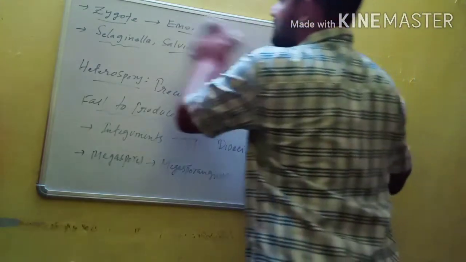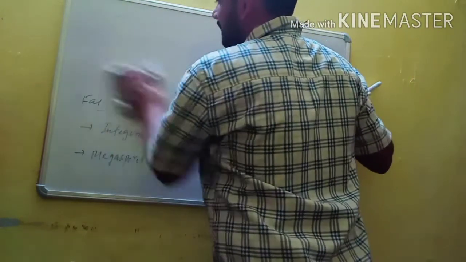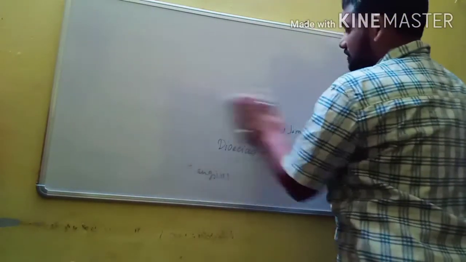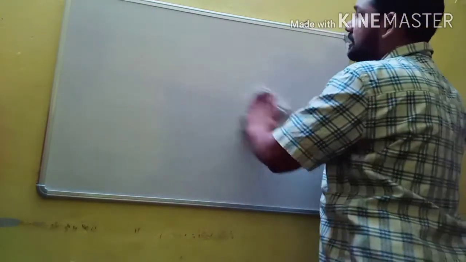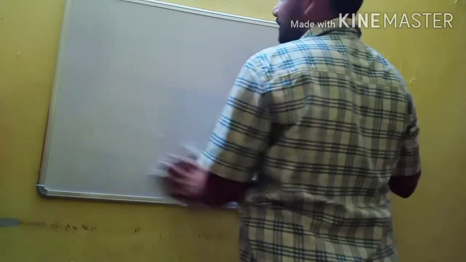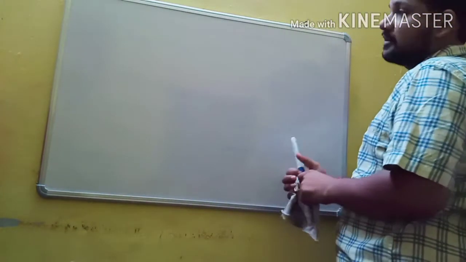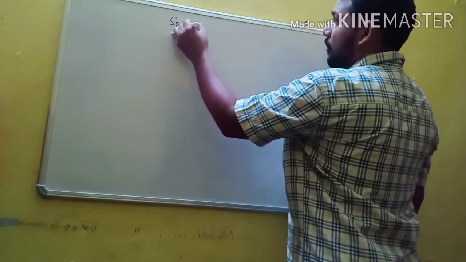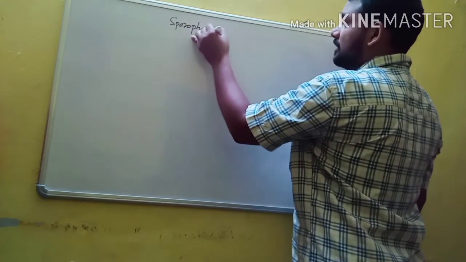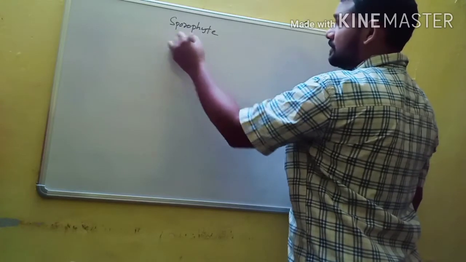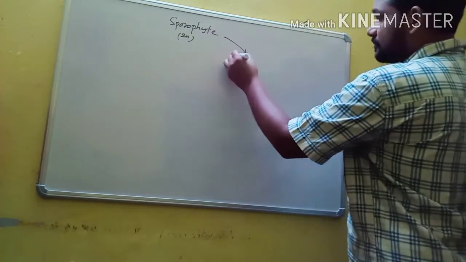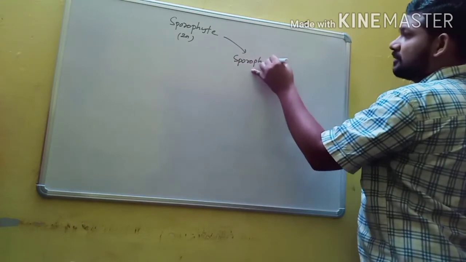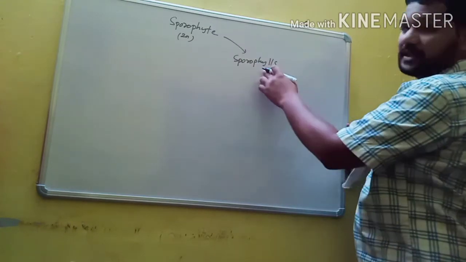So let us discuss the life cycle of pteridophytes. In pteridophytes, what is the main body? The dominant phase is the sporophyte, which is diploid. The sporophytic plant body has leaves, and some of the leaves are sporophylls.